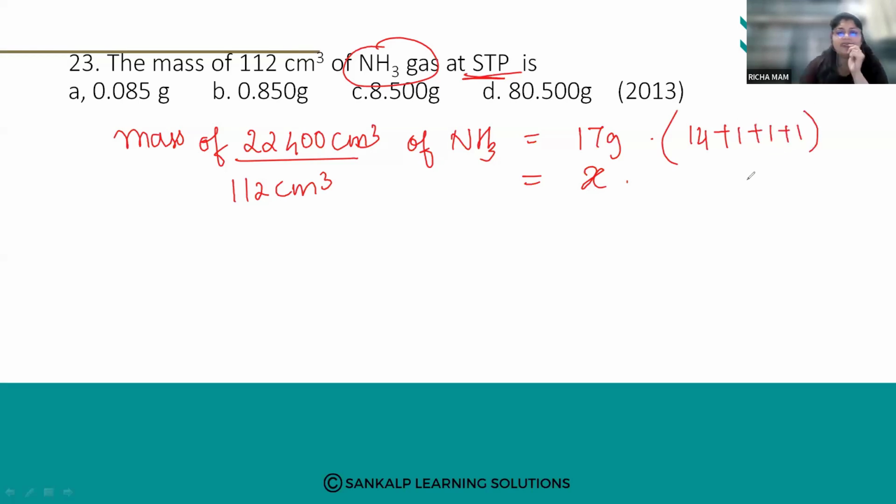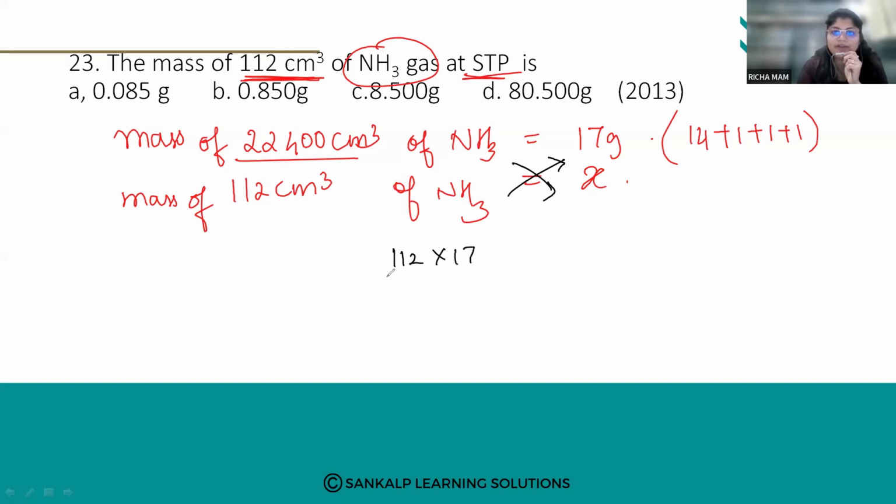They have asked us to calculate the mass for 112 cm cube of NH3. Next, what are you going to do? Cross multiply. So it is 112 into 17 divided by 22,400. Find out what the answer is.